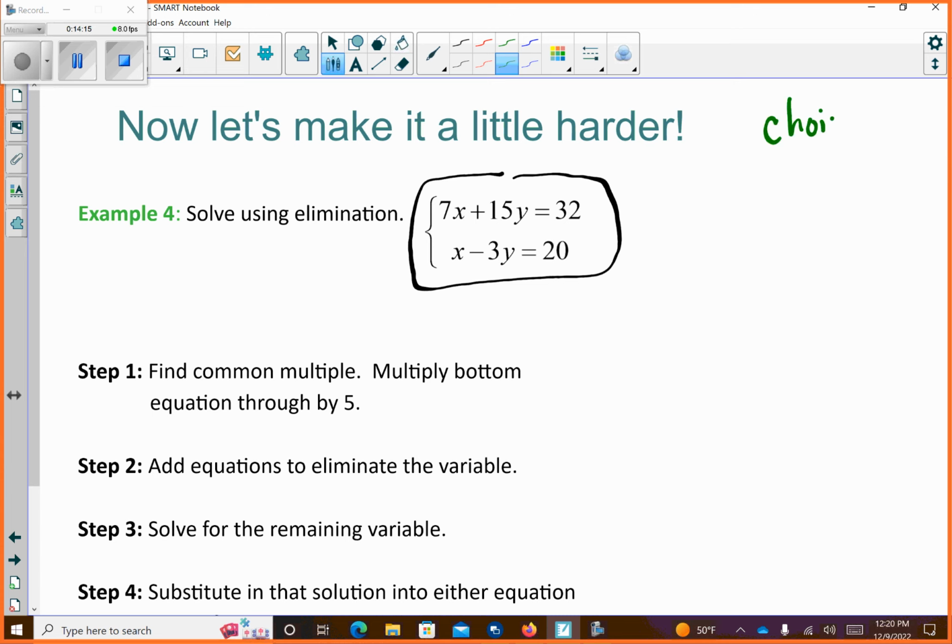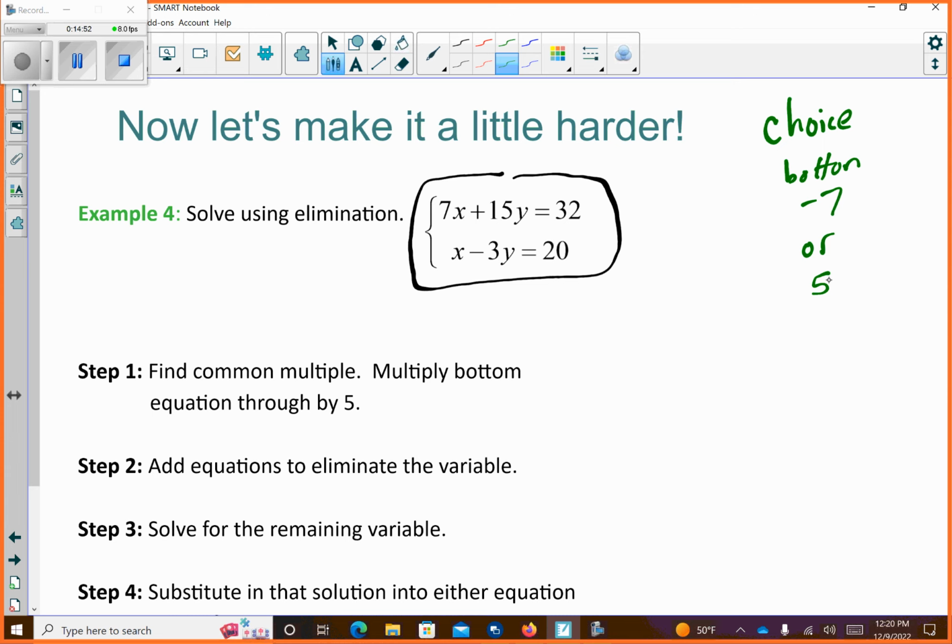We could multiply the entire bottom by negative 7 or by positive 5. If I multiply the whole bottom by negative 7, the x's go away. If I multiply the entire bottom by 5, the y's go away.